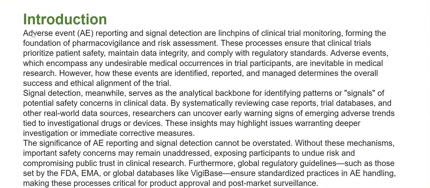Introduction. Adverse event, AE reporting, and signal detection are linchpins of clinical trial monitoring, forming the foundation of pharmacovigilance, PV, and risk assessment. These processes ensure that clinical trials prioritize patient safety, maintain data integrity, and comply with regulatory standards.